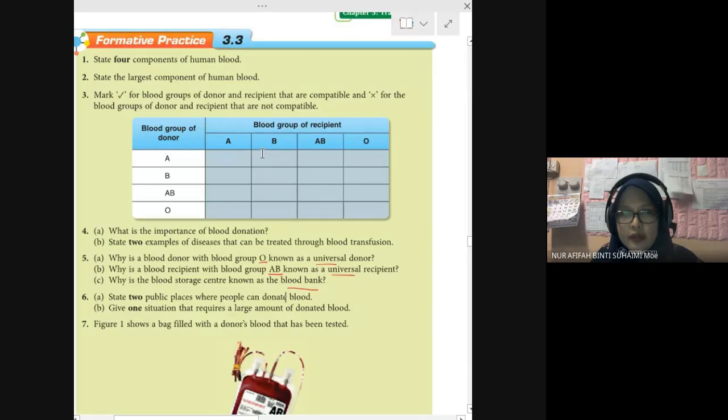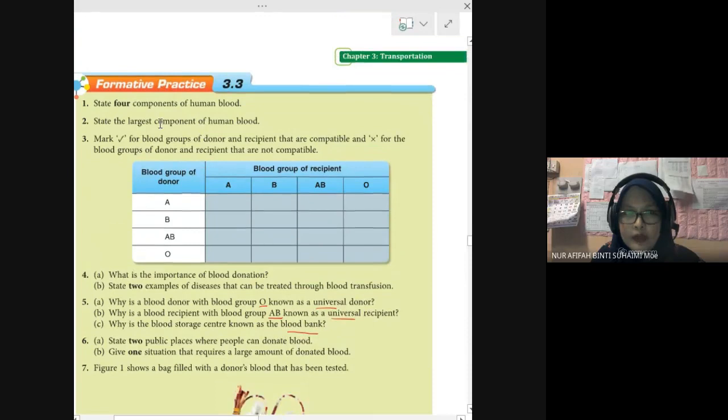Number 3, mark for blood group of donor and recipient. State the largest component of human blood. We have four components. From the diagram that I showed in the test tube, only 2. So these 4 consist of blood plasma, red blood cell, white blood cell, and platelet.